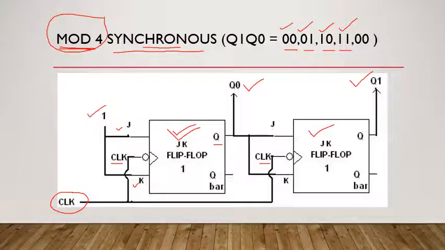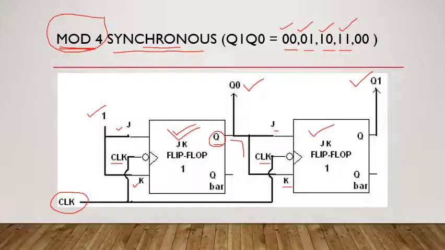Now let us see the second flip-flop, how the connections have been done. Here also J and K both are shorted, and after shorting, the input is provided through the output of the first flip-flop. So this is connected from here, and J and K are both shorted in this case.